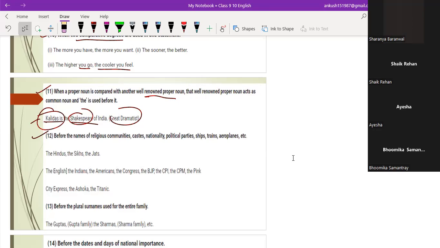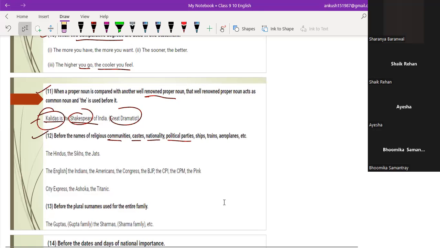Before the names of religions, communities, castes, nationalities, and political parties. Don't read anything in a hectic way, because then the pronunciation is not proper. So don't read in a hectic manner. Read very calmly.